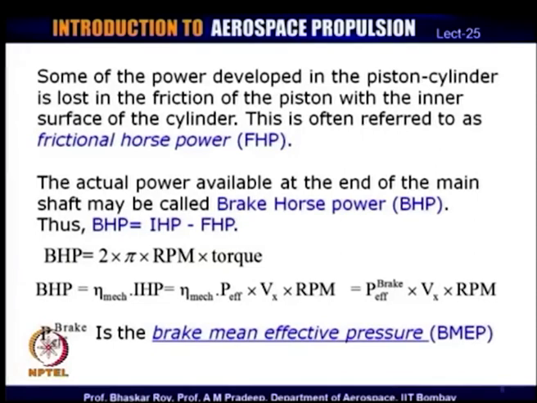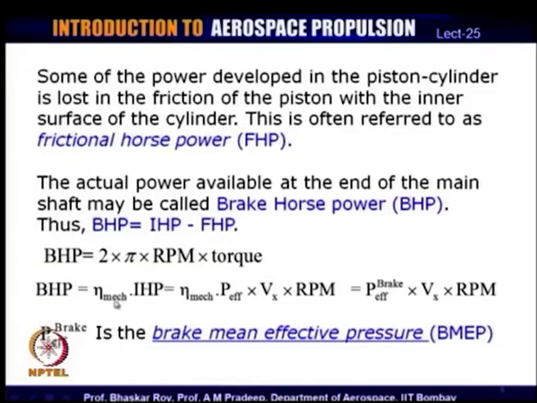So, the torque created by the engine needs to match that of the propeller, and we know from simple mechanical formulations that the horsepower, or the BHP, can be written down in terms of torque.